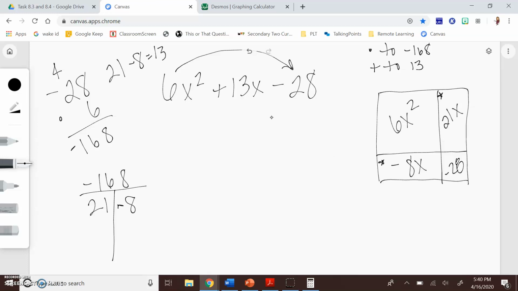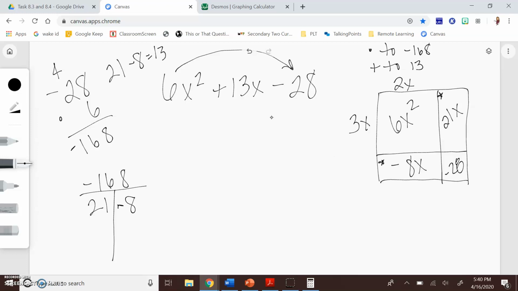Well, for 6x, I could use 6 and 1, or I can use 2 and 3. I'm going to choose to put my 2x here because 6 and 8 are both divisible by 2. And I'm going to choose to put my 3x here because 6 and 21 are both divisible by 3.